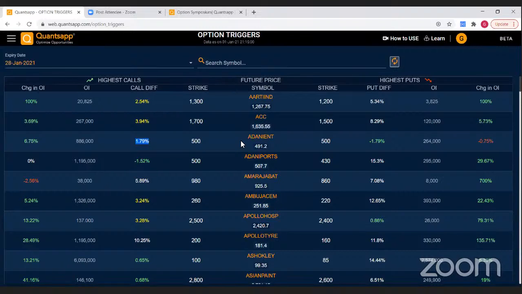Means if your future price is 100 rupees and your highest call and highest put are within 2%, maybe in the 98 to 102 range, then that difference is going to be on the green side, and the difference is more than 2.